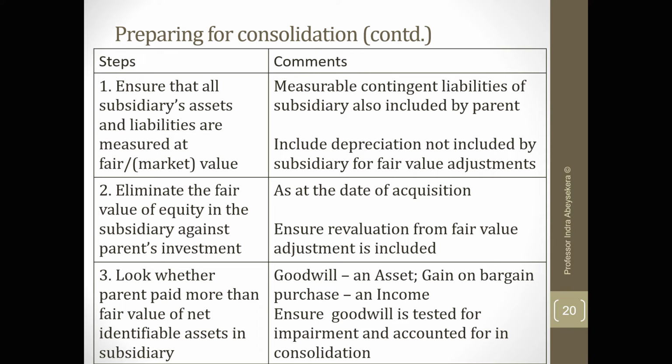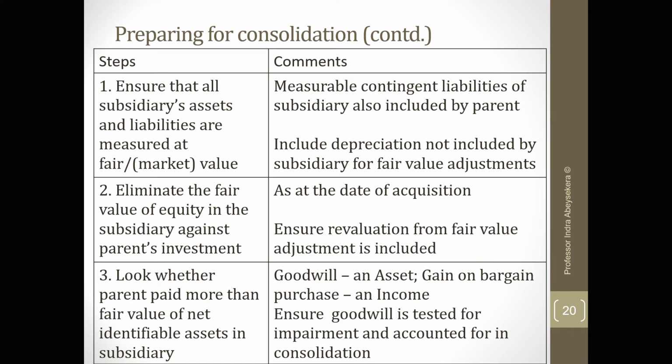Third, look whether the parent entity paid more than the fair value of net identifiable assets in this subsidiary. And if it is so, then we can find that there is goodwill, an asset that emerges as a result of the business combination, which was not apparent previously in the individual legal entities.